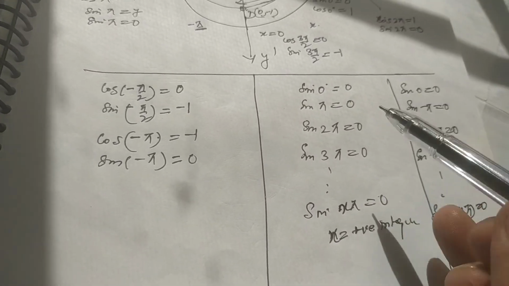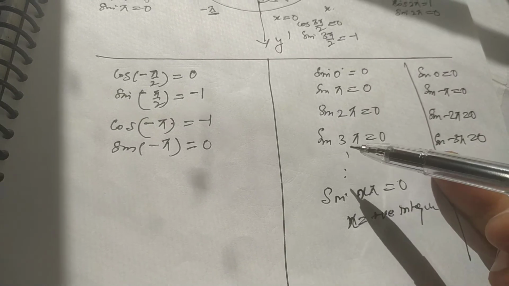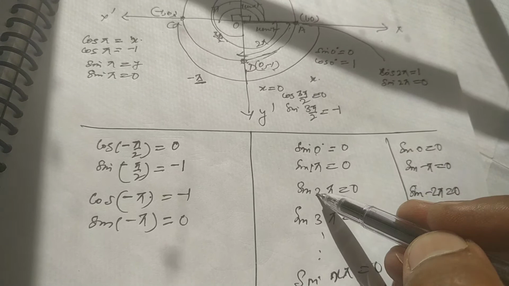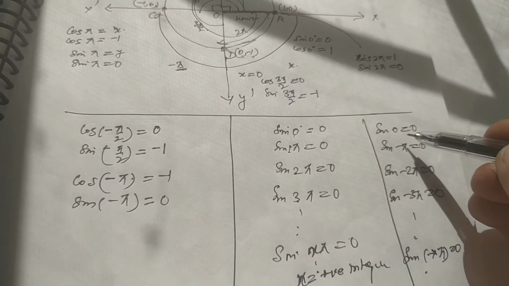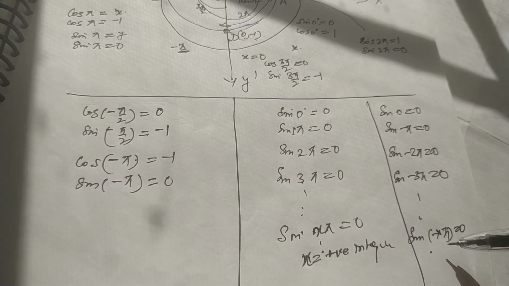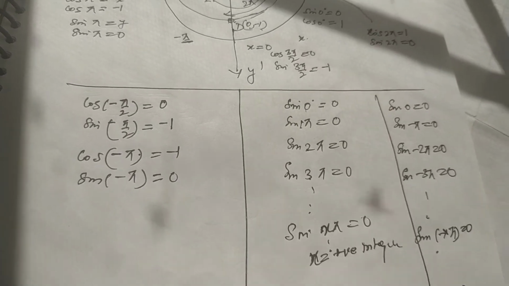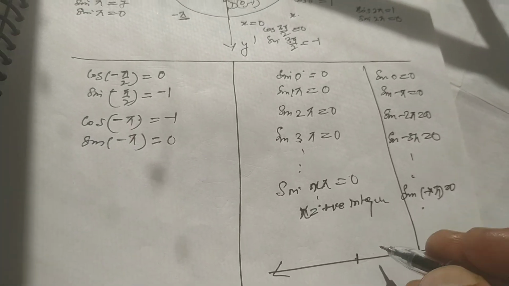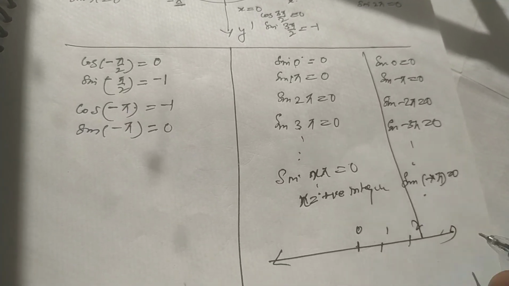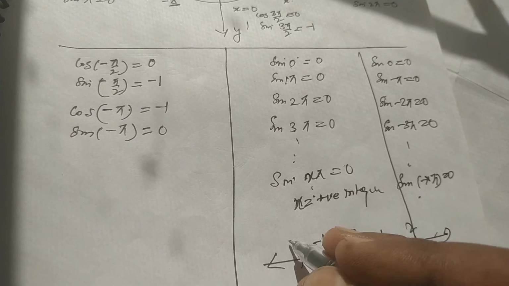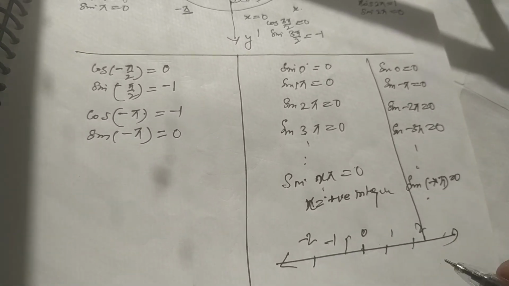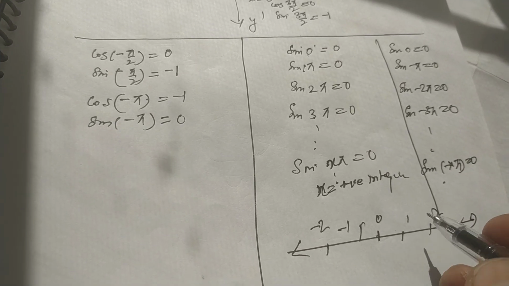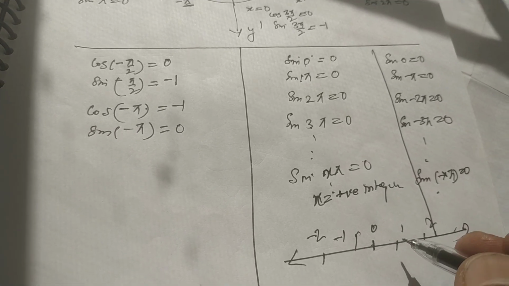Now look at all these values: 0, 1, 2, 3, up to x, and 0, minus 1, minus 2, minus 3, up to minus x. If you look at this number line from minus infinity to plus infinity, for angles that are multiples of pi, the sine is 0.